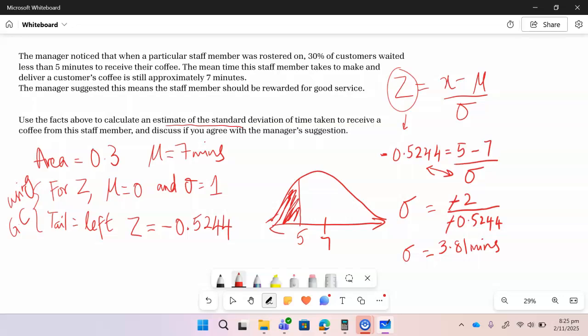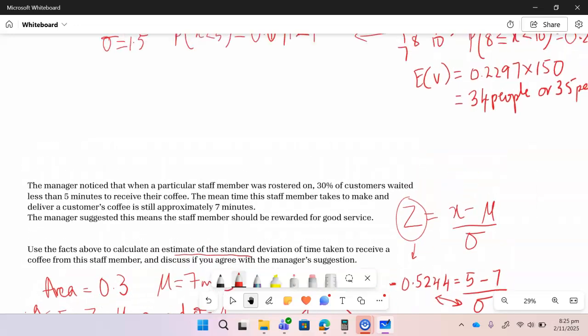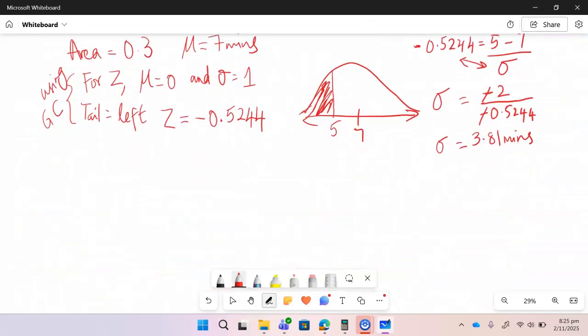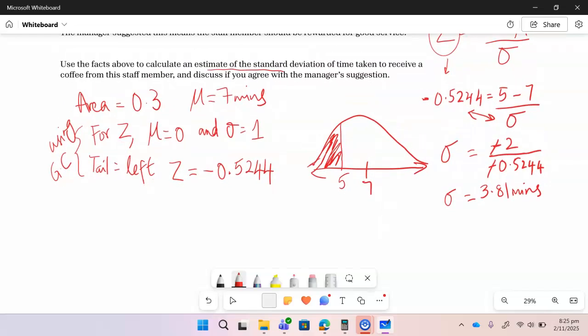We haven't really answered the question though. We've figured out what the standard deviation is, so that's good. They are also wanting us to discuss if we agree with the manager's suggestion or not. Because the mean is still the same, we are comparing the new standard deviation. Originally the standard deviation was 1.5. It's pretty much more than double now.